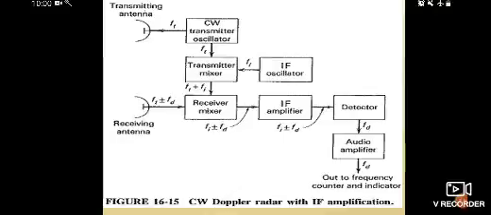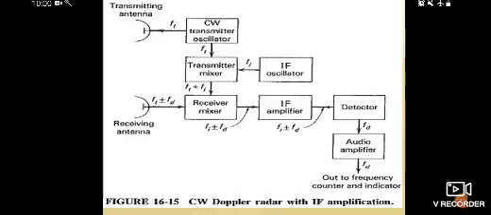The received echo signal, that is ft plus or minus fd, and the transmitter mixer output are mixed in the receiver mixer to produce fi plus fd.